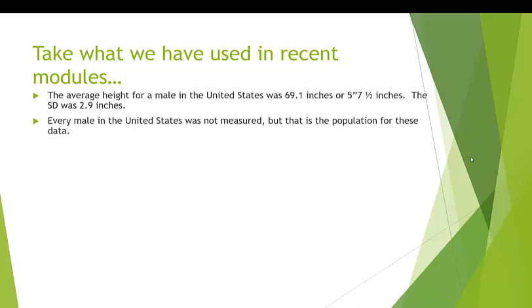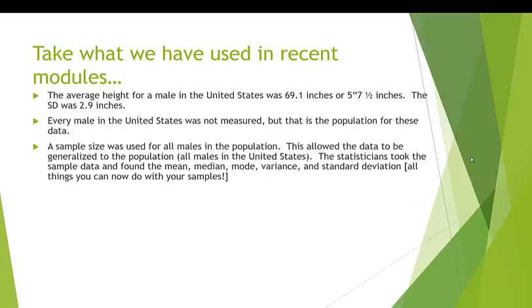Somebody did not go out and measure every man in the United States. Okay? Now, in theory, you could do that, but that's a parameter. It's a quantifiable data set that is just not going to be known. So our population then we're going to define as men in the United States.